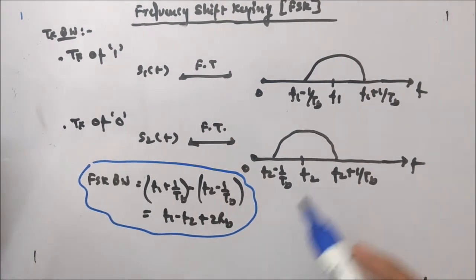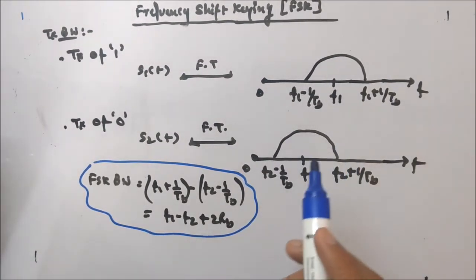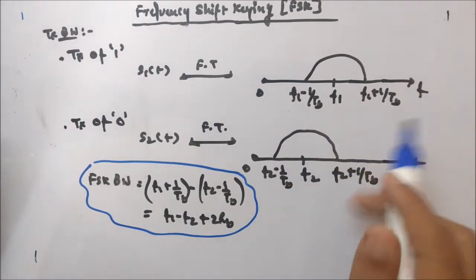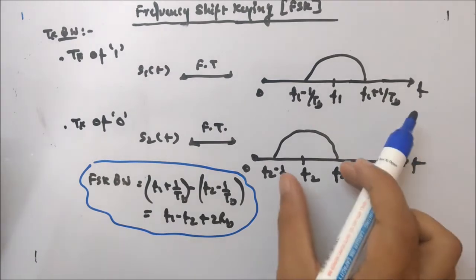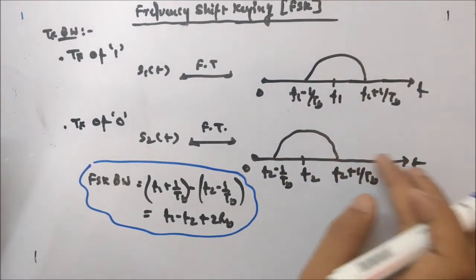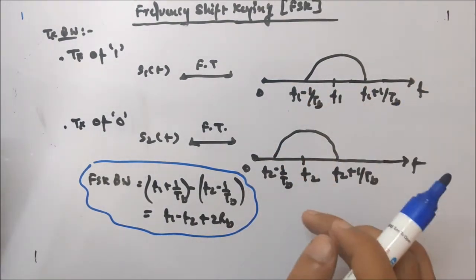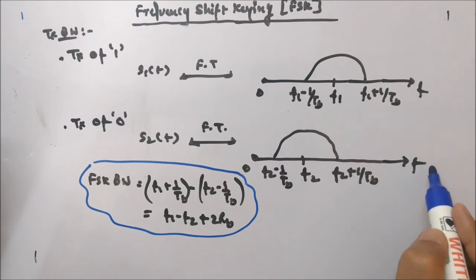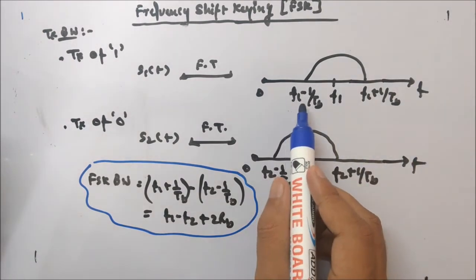Now one thing I want to tell you is it's not necessary that you keep F1 greater than F2. F2 can also be greater than F1. So in that case this thing will come somewhere here, slightly shifted right with respect to this signal, and in that case maximum will be F2 plus 1 by TB and minimum will be F1 minus 1 by TB.